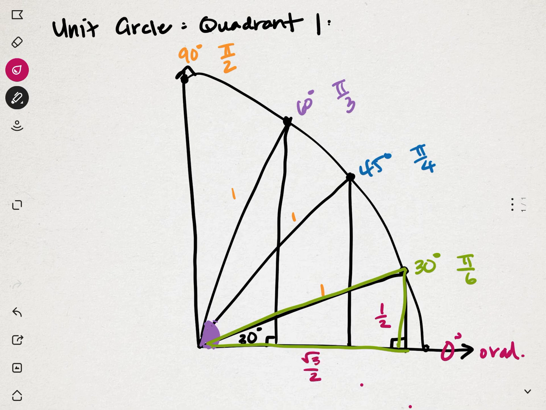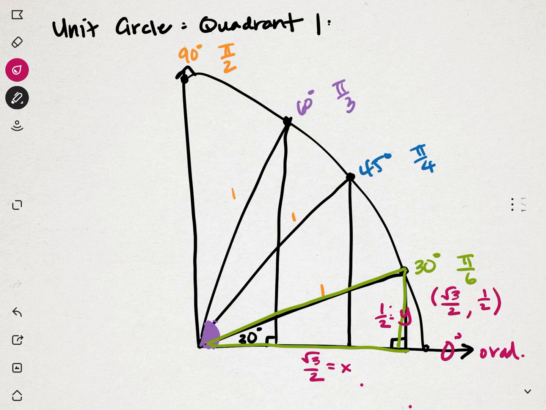Alright, so knowing this, what they like to do is, because this is technically the y, the height of the triangle, and this is technically the x value, right? It's the x value of the x-axis, the base of the triangle. They like to write this as square root of 3 over 2 is our x, and our y is a half.